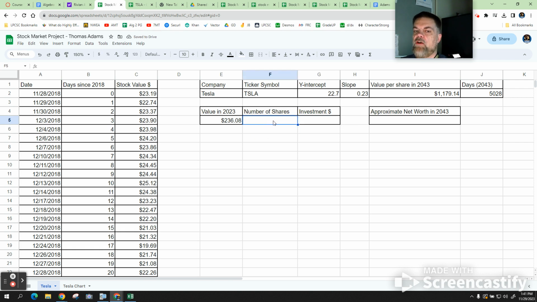All right, now we got to put a formula in there. So the formula, click equals. How would I figure out how many shares I could buy? Does anybody have an idea? Yeah, you got to know how much money you're going to spend, or your investment, right? So I'm going to take my investment, and then what?